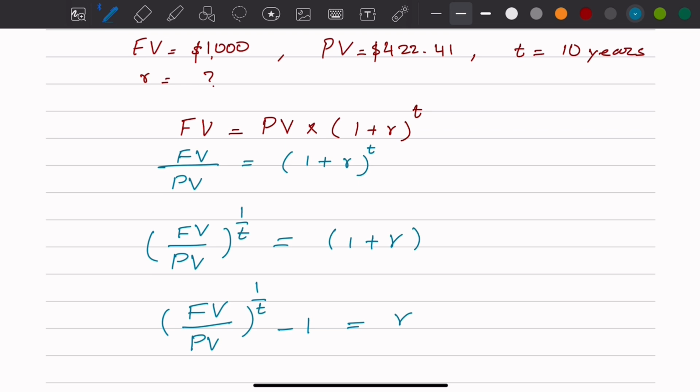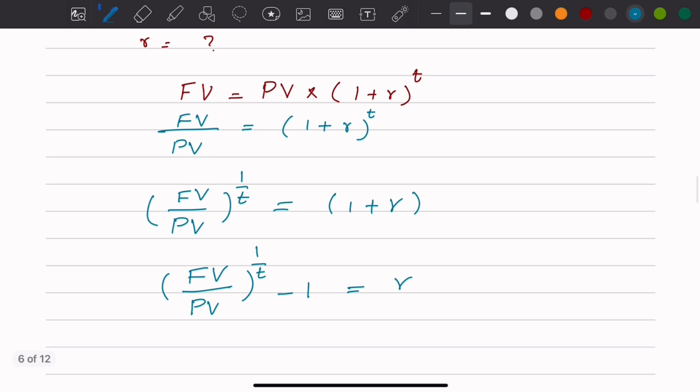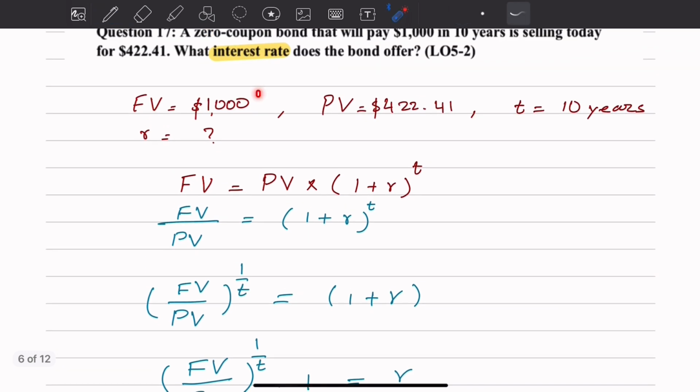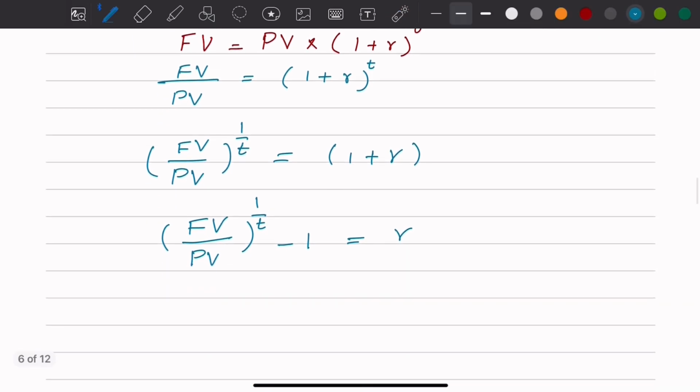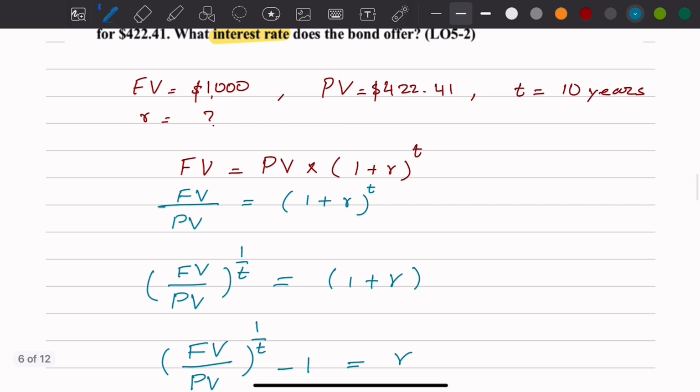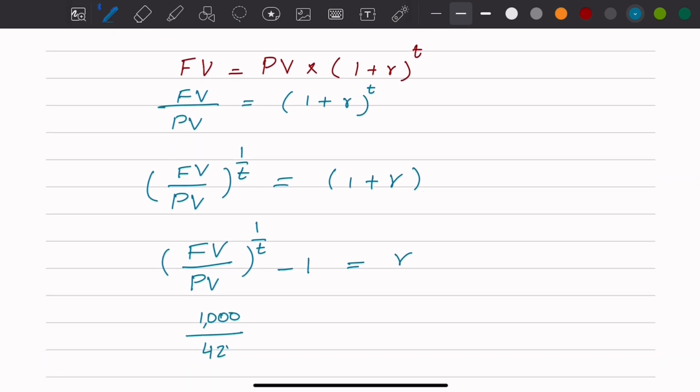Now all we need to do is substitute. We know the future value, the present value, and t, so replace them in your formula. That will be 1,000 over 422.41, to the power of 1 over 10, minus 1 equals r.